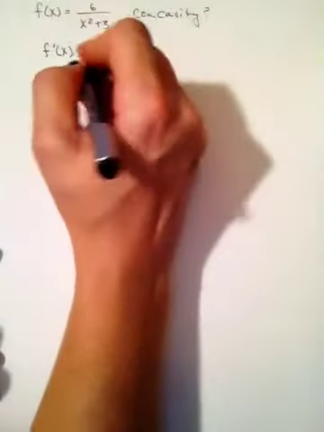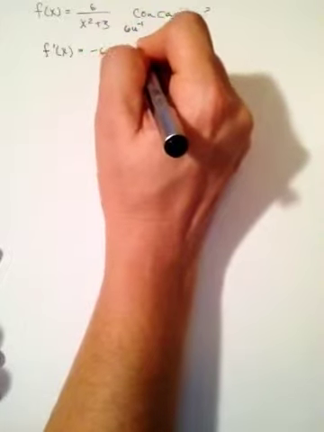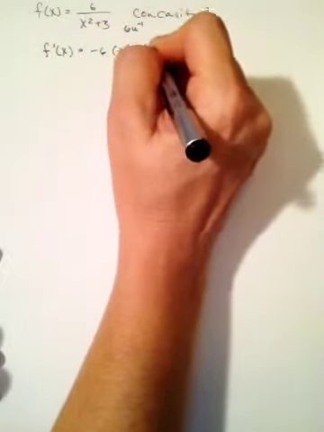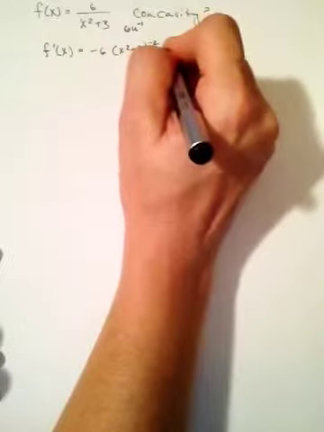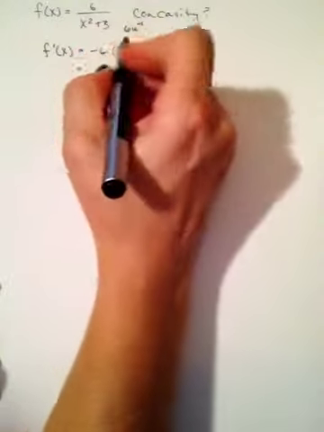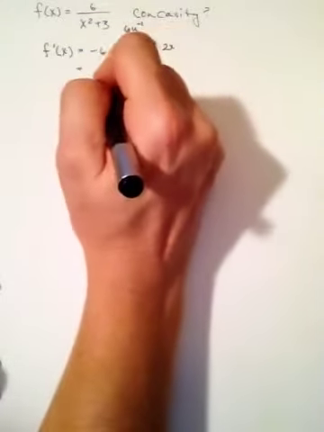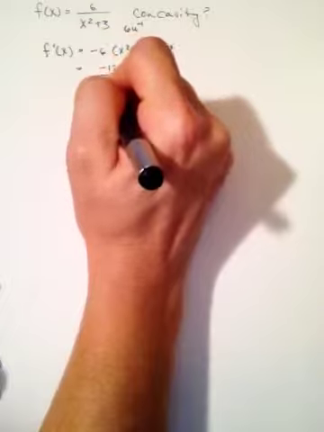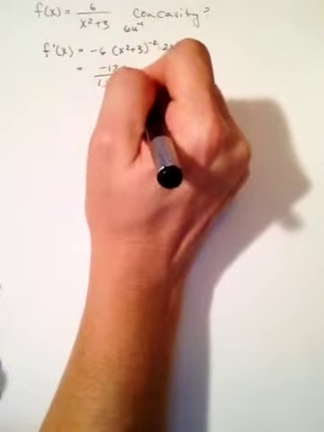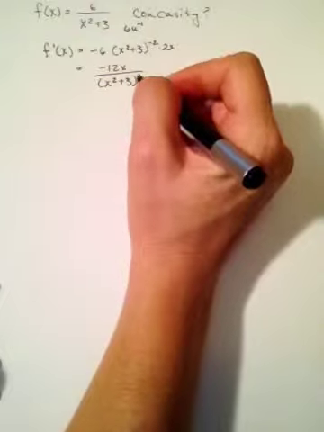So when I take the derivative, I get a negative 6 times x squared plus 3 to the negative 2, times the derivative of the inside, a positive 2x. If I rewrite this, negative 6 times 2x is a negative 12x, and that will be divided by x squared plus 3 squared. It's squared, but we have a negative exponent, so that throws it to the denominator.